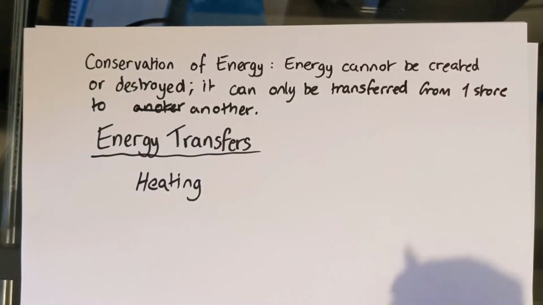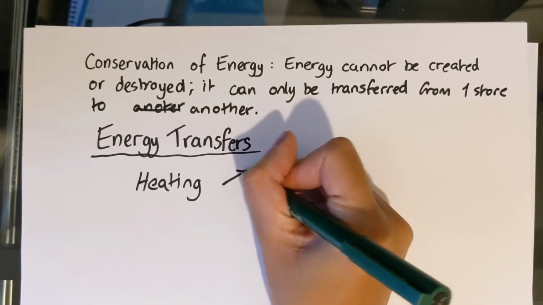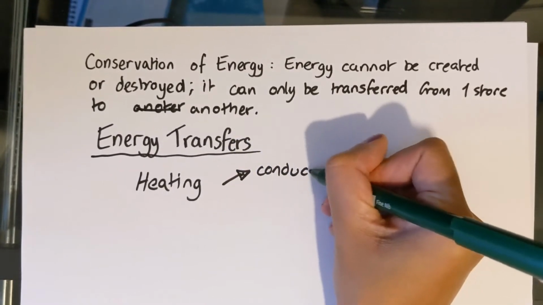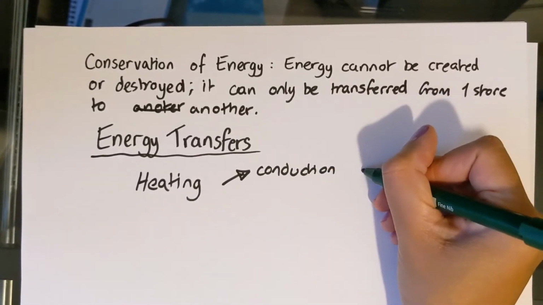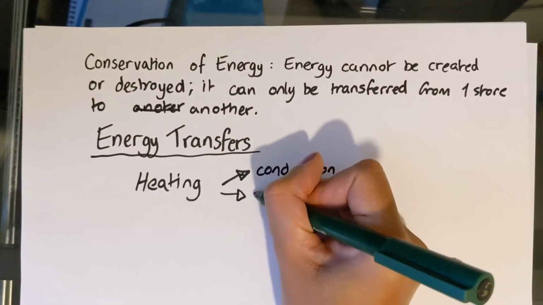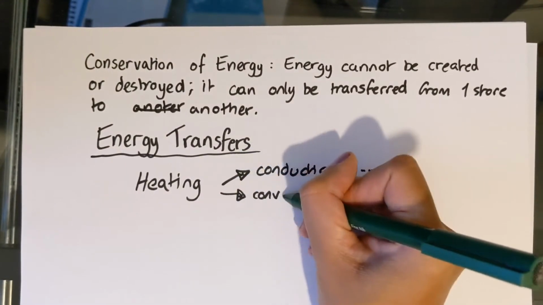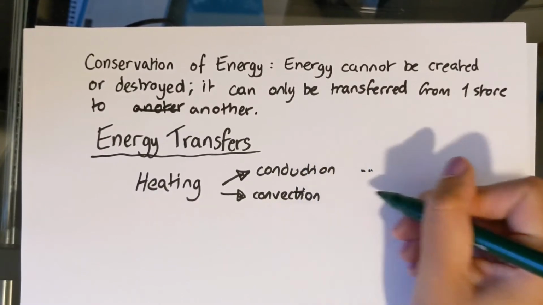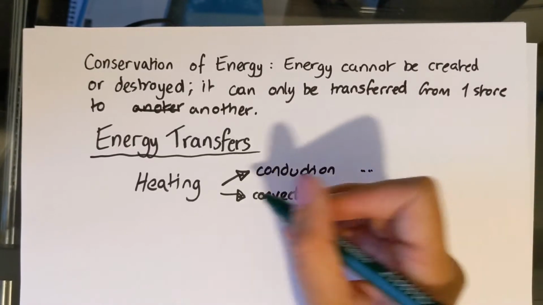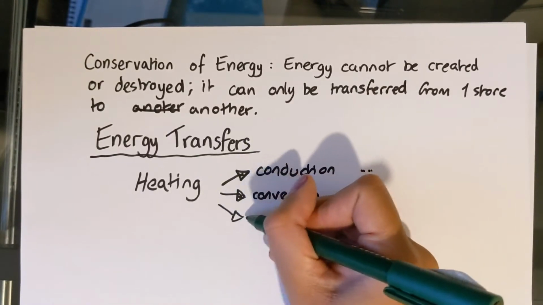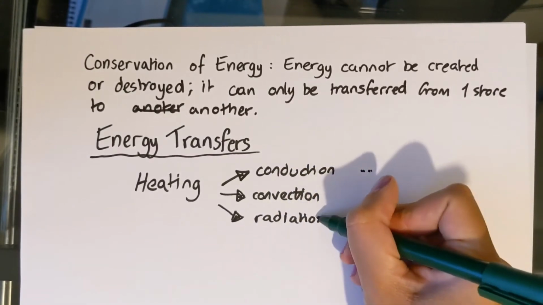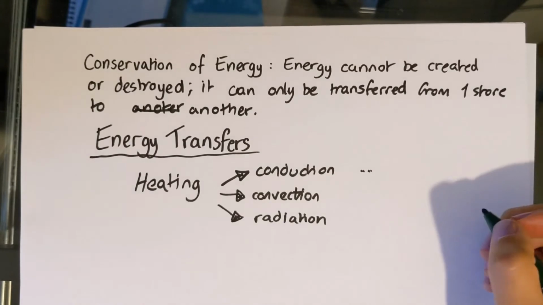Okay, and energy transfer by heating involves our 3 ways of heating, which are conduction, which is when thermal energy is passed between objects that are touching each other, convection, and that's when thermal energy is transferred by particles in a fluid moving, and then we have radiation, and that is thermal energy that's given off by all objects.